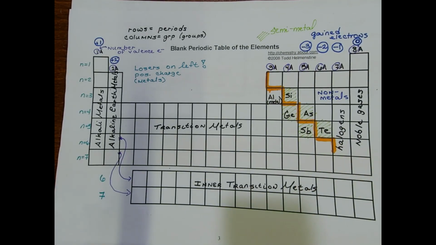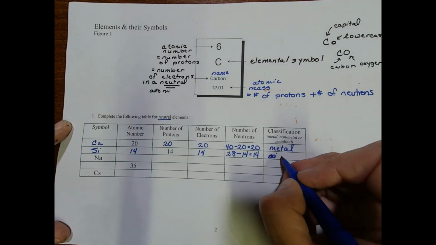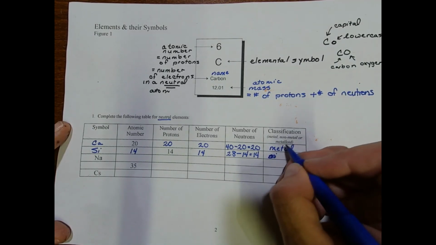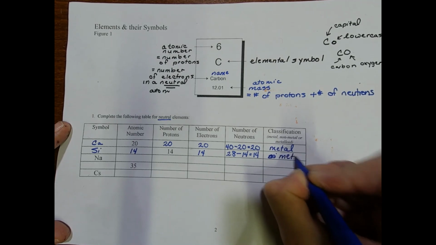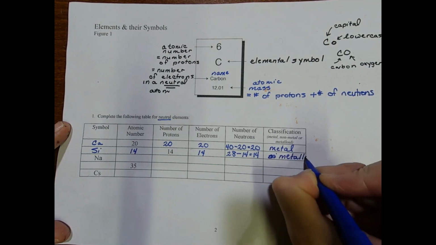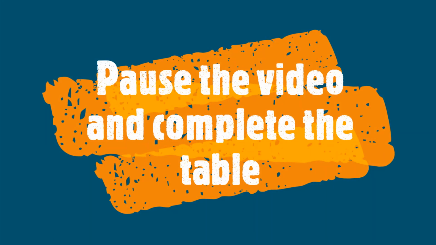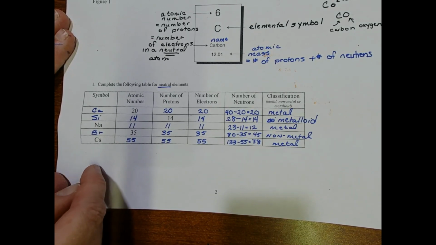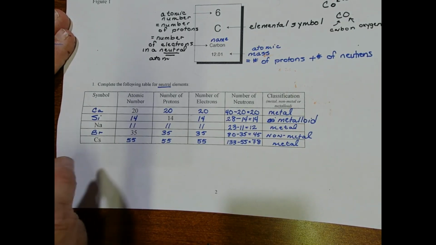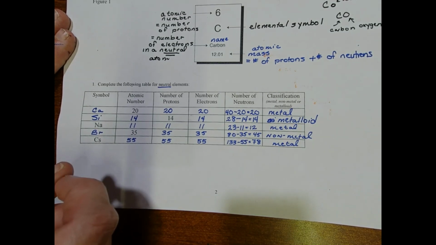So now we know how to classify silicon, we can finish up this table. I'll call this a metalloid, which is just another term for semi-metal. So here's your completed table from the bottom of page 2. I think the hardest part about this is figuring out the number of neutrons.